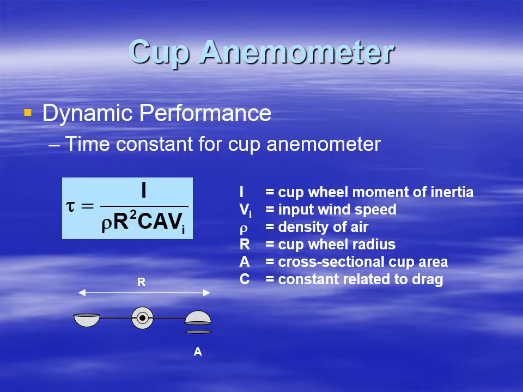How far is that? That's the cup wheel radius. The density of the air is also important, as is the inertia of the wheel. Of course, a wheel in motion remains in motion, a wheel at rest remains at rest, so the inertia of that cup wheel matters. And then also the input wind speed.